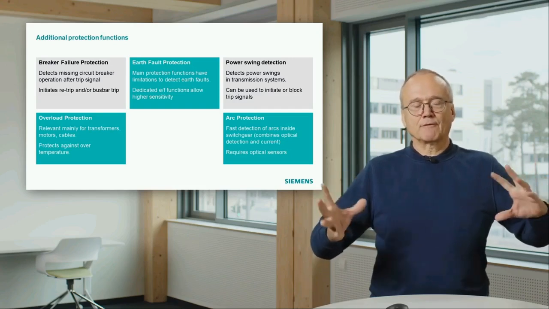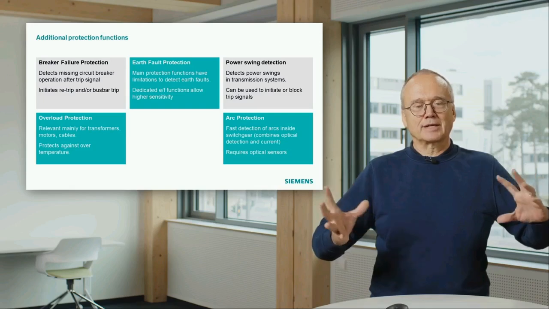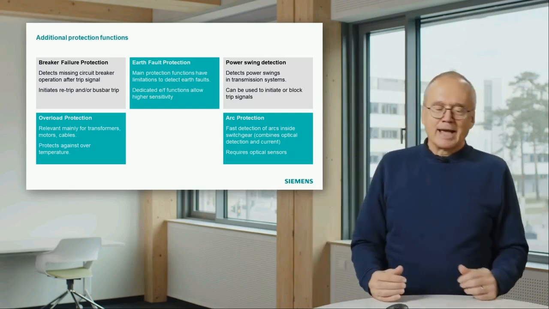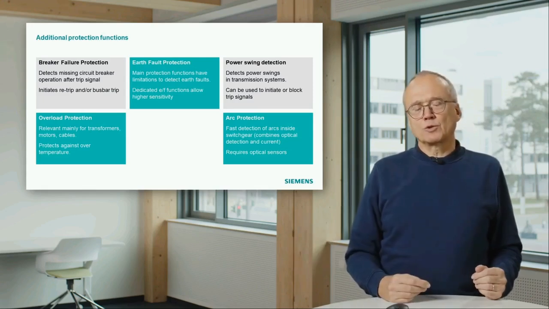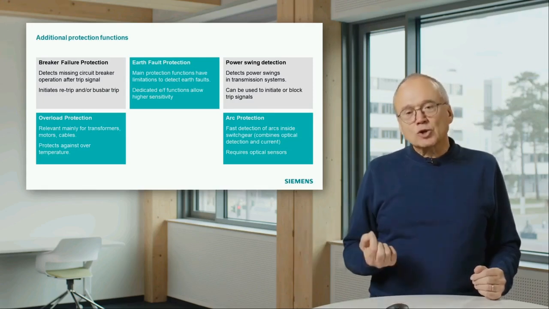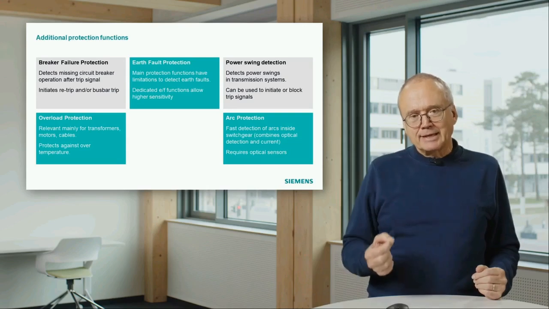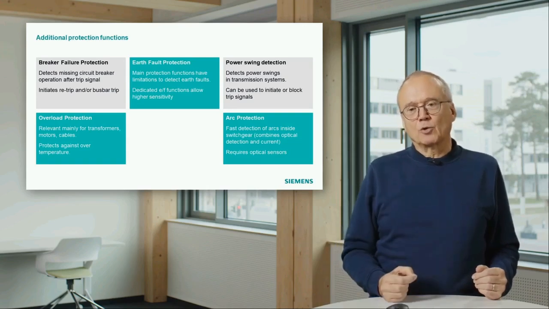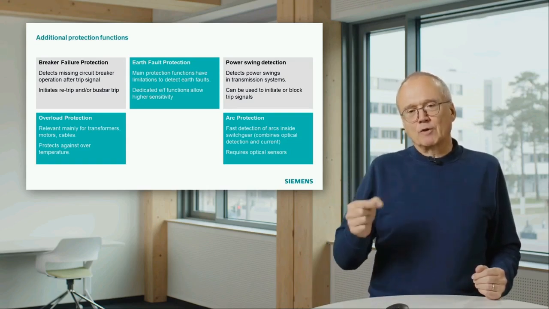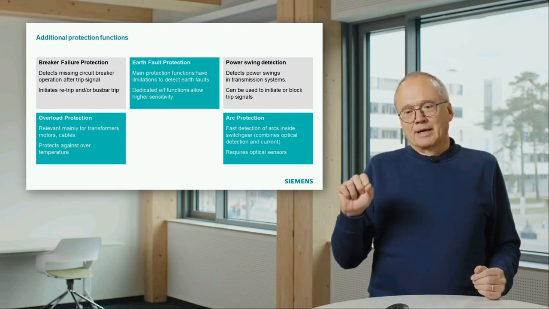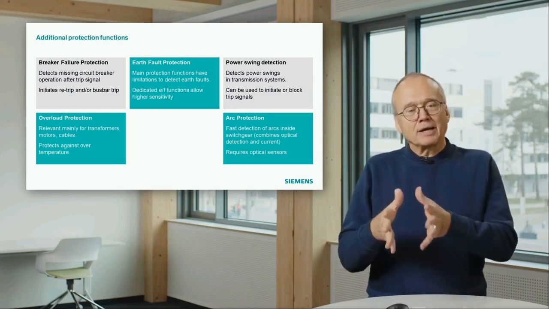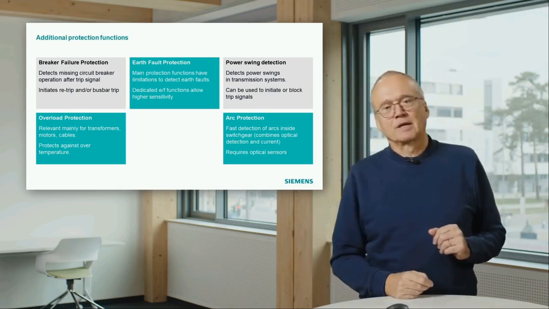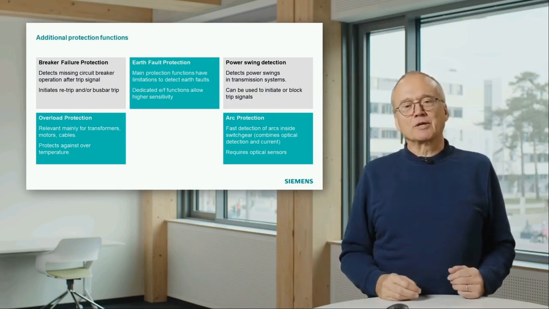That means that the phase angles start oscillating a little bit. And that can lead to strong power flows. These are not short circuits, but that can lead to strong power flows. And these strong power flows can be interpreted as short circuit by the distance protection, for instance. And normally this has to be avoided.